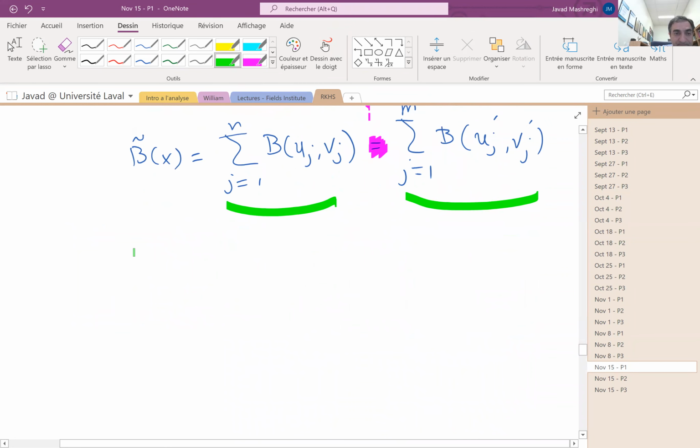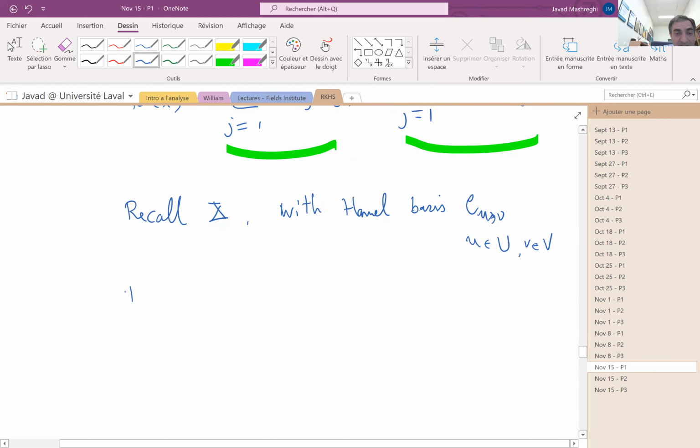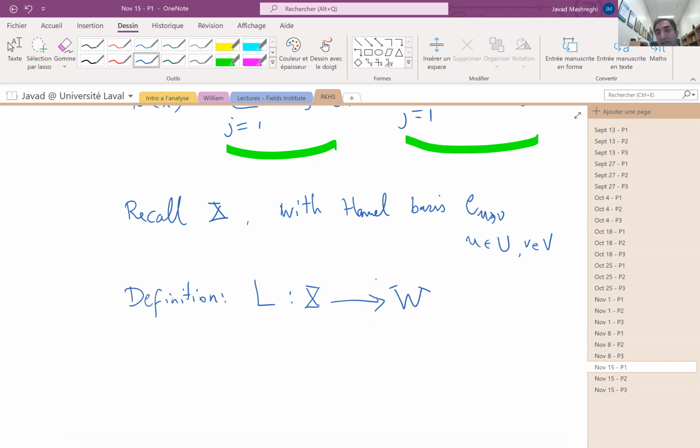We call X the huge space whose Hamel basis is E of U, V with U in big U, V in big V. And on this huge space, I define a linear mapping L defined on X with values in W. If a basis is given, then I'm free to define the value of L on any basis element.